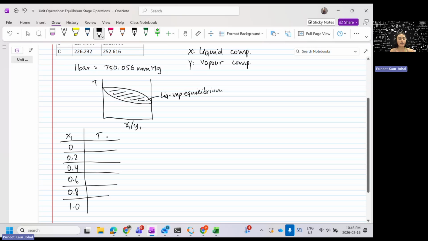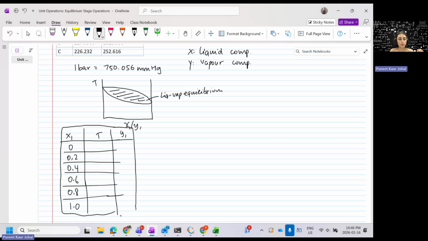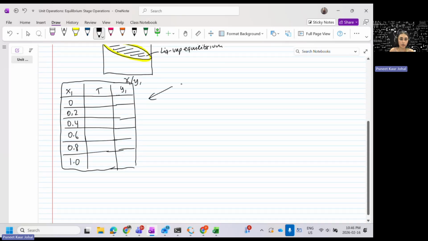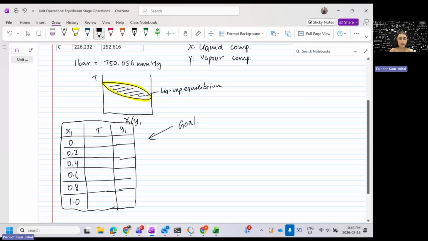That's the idea. And once I've figured this out, I'll have the y1 values associated with it as well. So I can end up having two lines in this plot. That is the goal for me to make this xyT diagram.